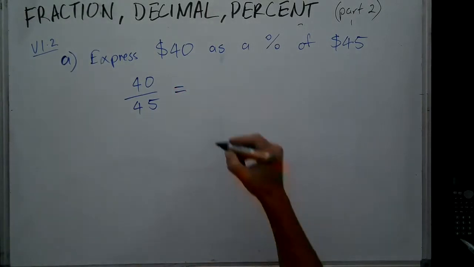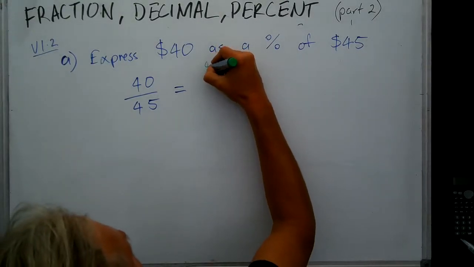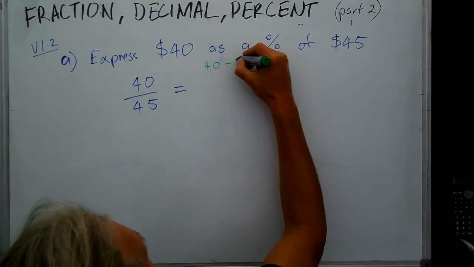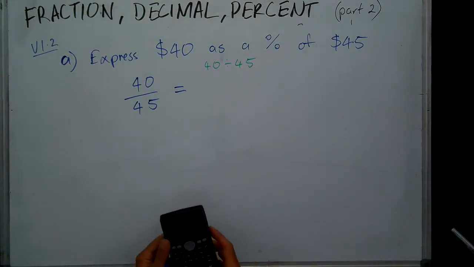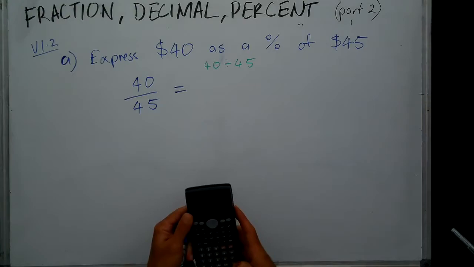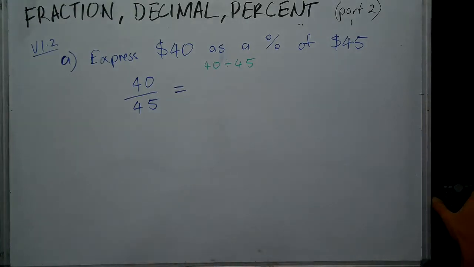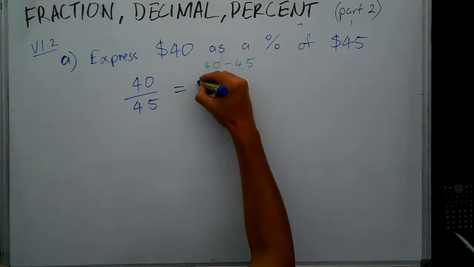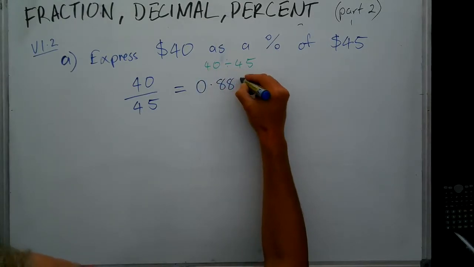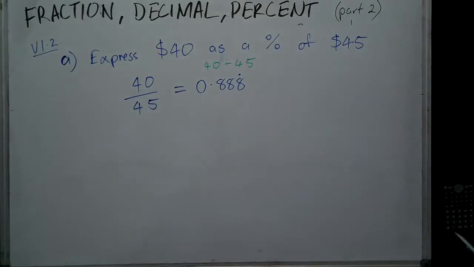And in the calculator, you would type 40 divided by 45. And I'm just going to do that. Equals, so we've got a repeating decimal, 0.888 recurring. But then we need that as a percent, so we're just going to multiply.